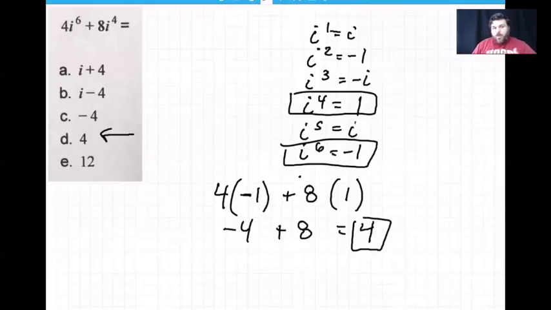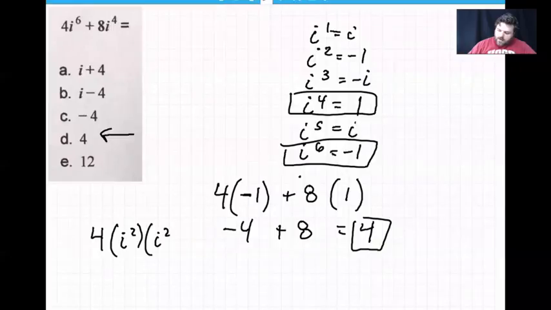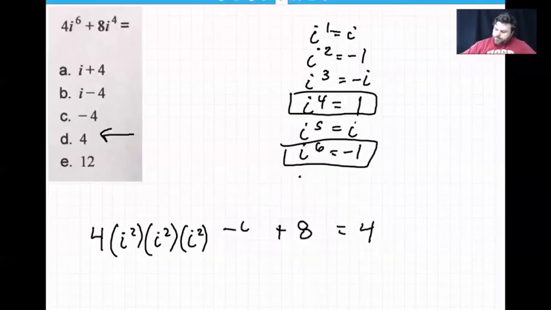Now, sometimes the way I work this is a little different. I just look at powers of 2. There's i squared times, well, actually, let me write this out before I do this. So this is 4 times i to the 6th here. I basically have 3 i squareds, okay? Plus 8, and then i to the 4th.